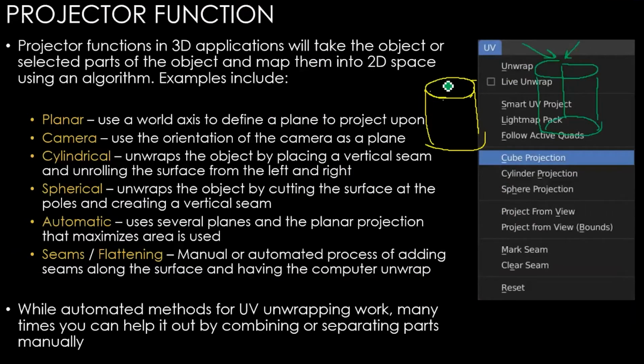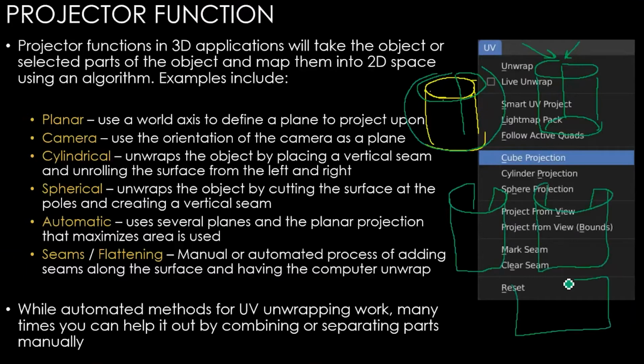And what it does is it takes your geometry, adds the seam to it, and then tries to unroll the geometry. So what happens is you end up with a seam like this, right? And then slowly it'll unroll it until finally you're left with something flat like this, okay?